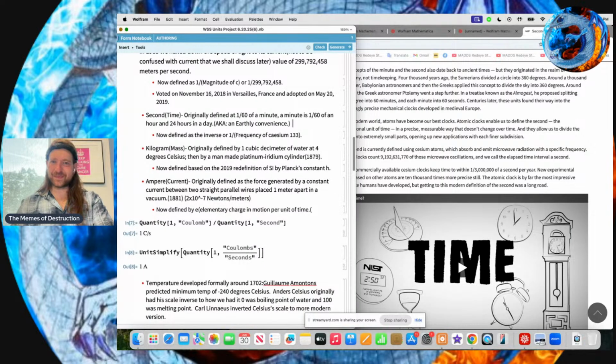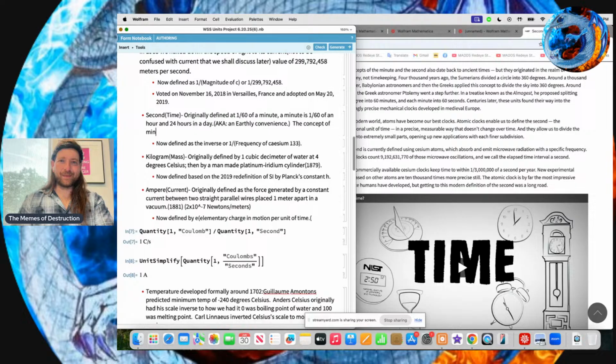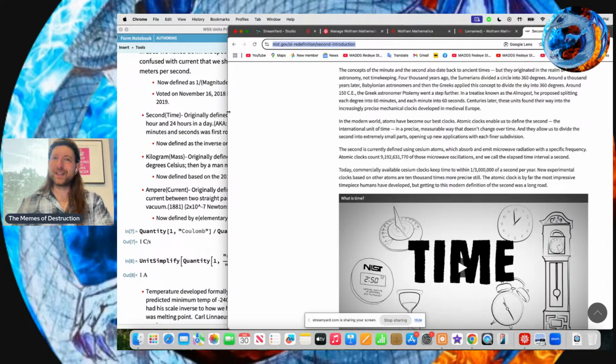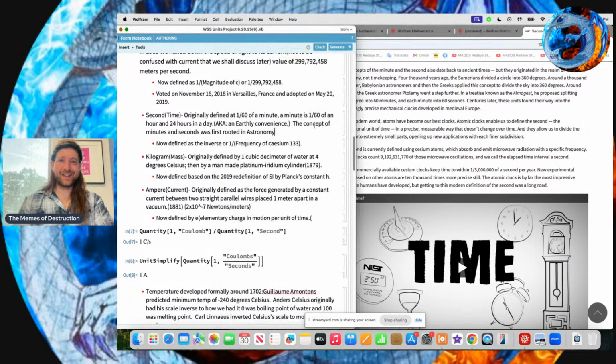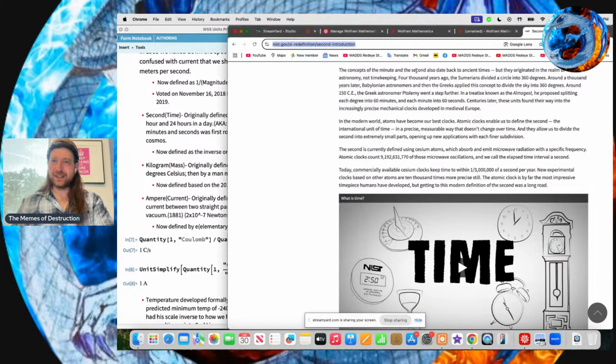But the concept of minutes and seconds was first rooted in astronomy, to help survey the cosmos.